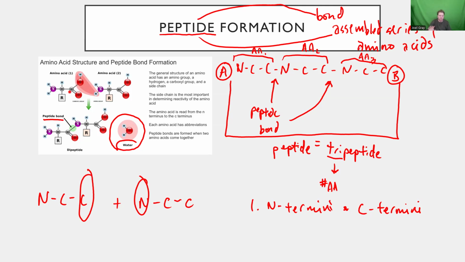Okay, I've got kind of a mixed bag there. And the correct answer for this is A. The reason that I want you to think about it as A is because of where there is a free nitrogen.